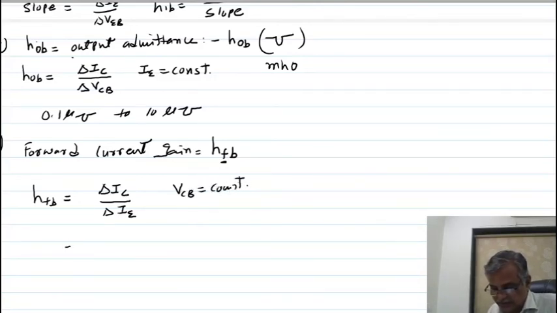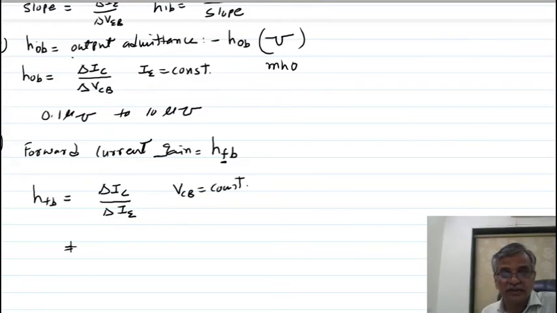Listen, it is the ratio of change in output collector current IC to the corresponding change in input emitter current IE at a constant value of output collector base voltage VCB.